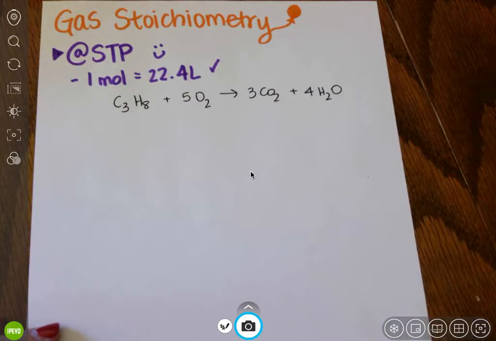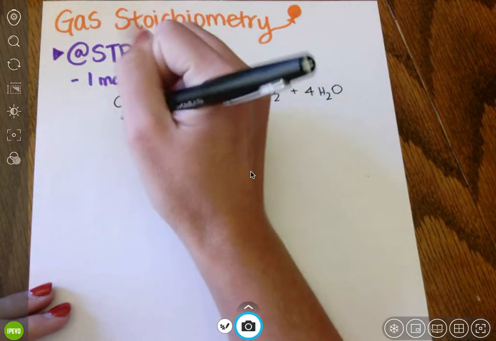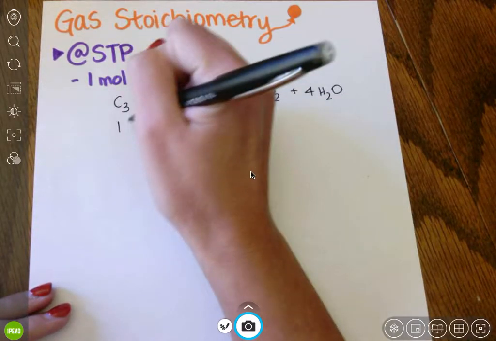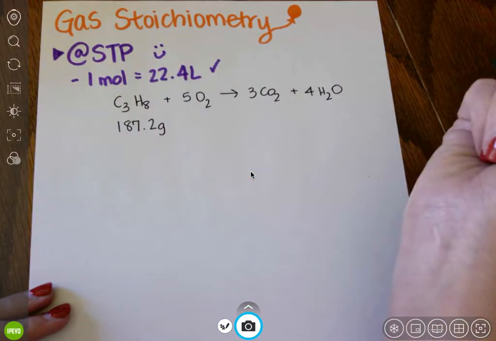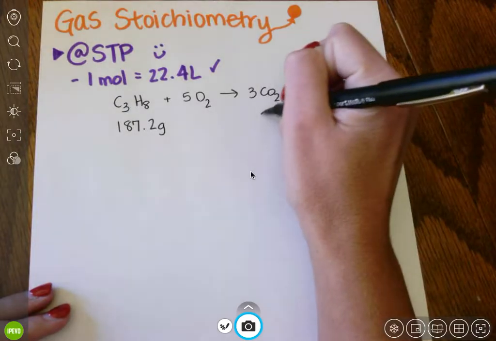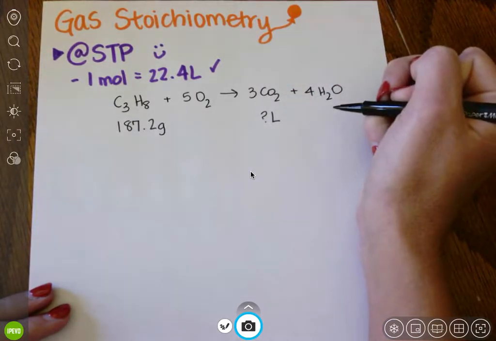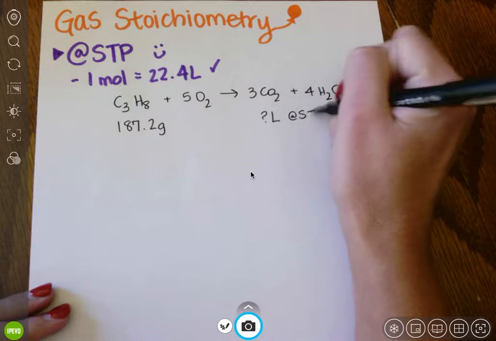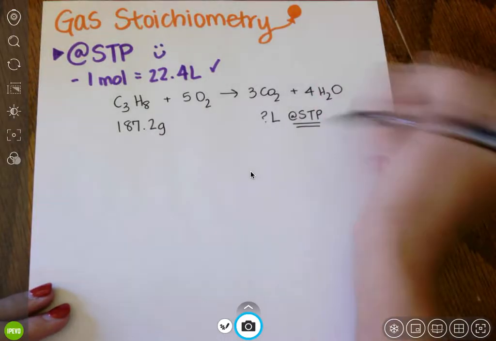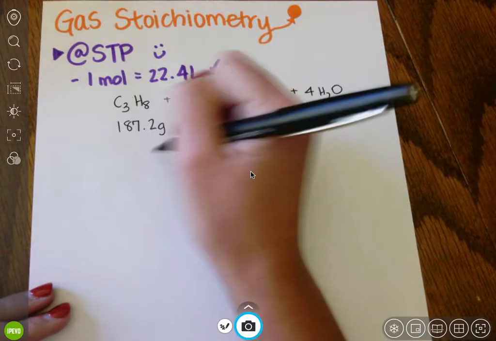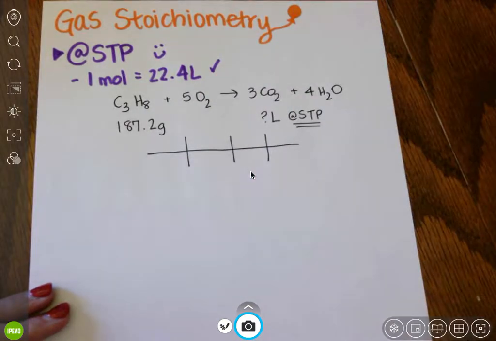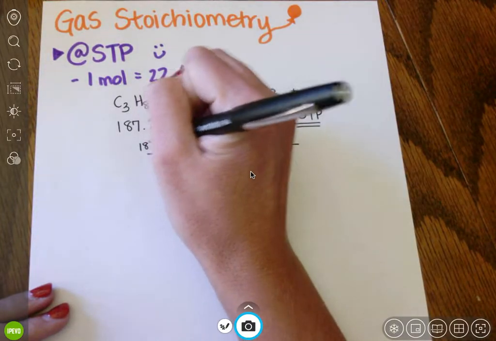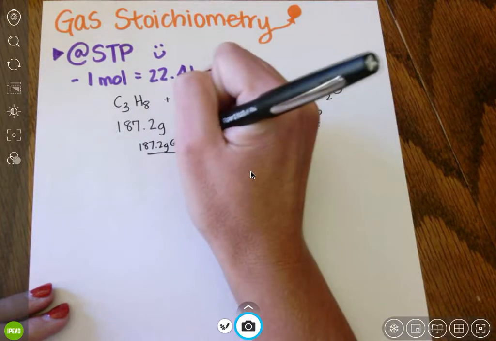So in this reaction, let's just say I had 187.2 grams of propane, what would be the volume of CO2 produced at STP? And because you're at STP and you can use 22.4, all you have to do is set up your T-chart, starting with your given, 187.2 grams of C3H8.